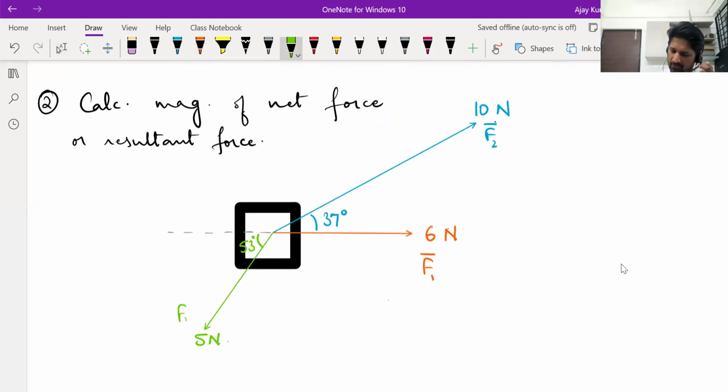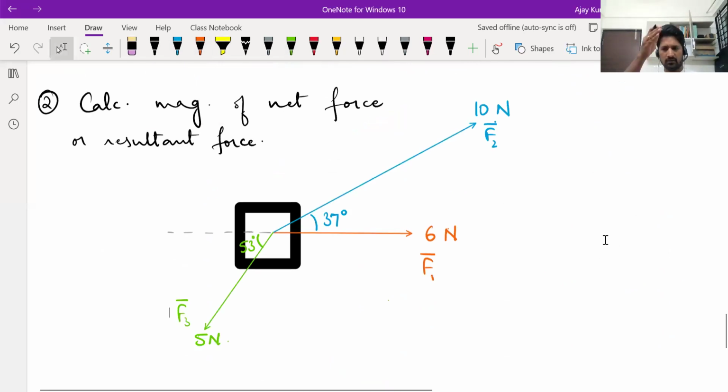Express them mathematically first, then add them and take the magnitude. That will be the magnitude of resultant. You can imagine an x-axis and a y-axis if required, and write the components carefully. Do it step by step, all of you. Vector by vector, you express it in terms of I cap and J cap.